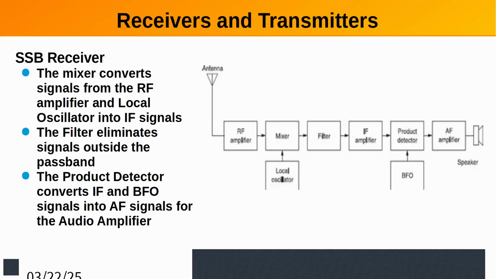Then I filter out the sideband. I may go through another amplifier, and then I do my product detector with the BFO oscillator to basically supply a carrier again. And then audio amplifier, and I'm done.